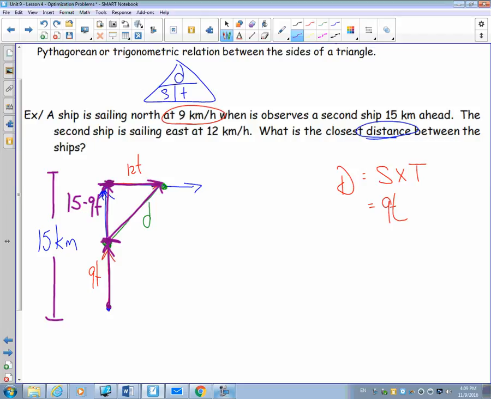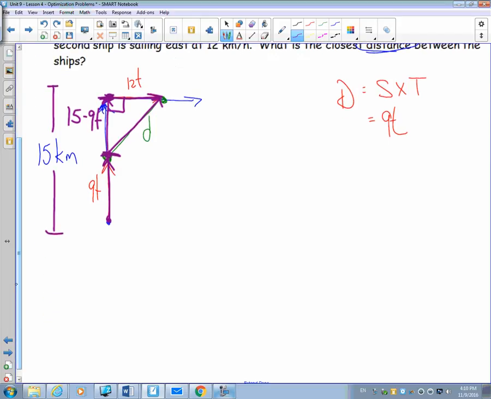Okay, so I'm hoping that you can see that there's a right angle triangle in here, and I've got 3 sides that are related to one another. Let's write them down here for a second. It's green. d squared equals (12t) squared plus (15 minus 9t) squared.